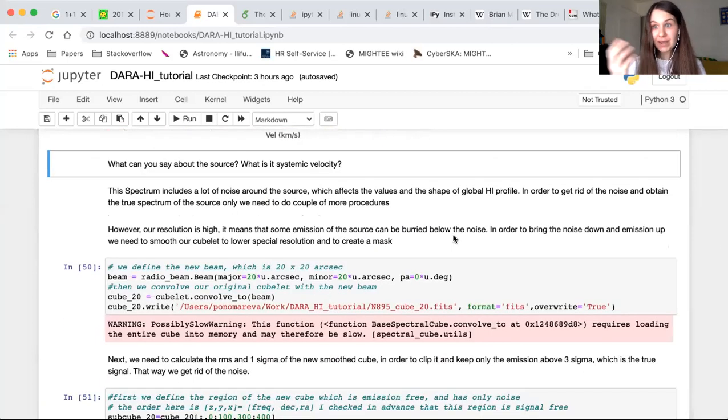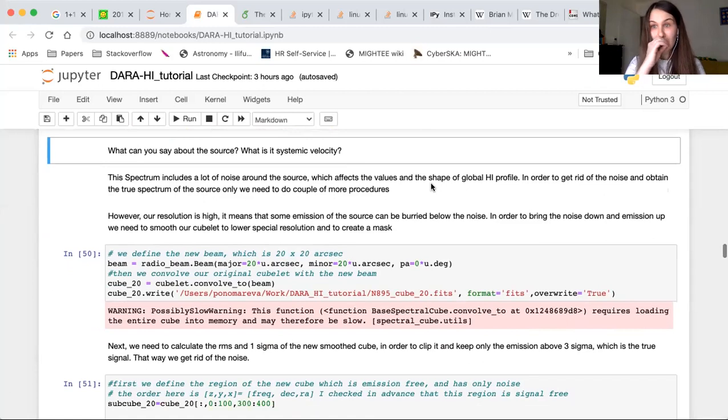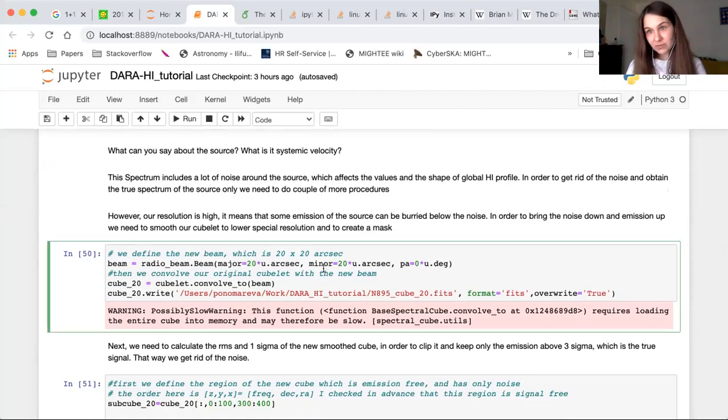To convolve our original cube with the smooth bigger beam, we need to define what size of the new beam we want. The original size of our beam is 12 by 10 arc seconds. Here I chose 20 by 20 arc seconds. Believe me, it's a good number, because you don't want to smooth so much that you lose all features, but just enough to bring important emission features above the noise level.